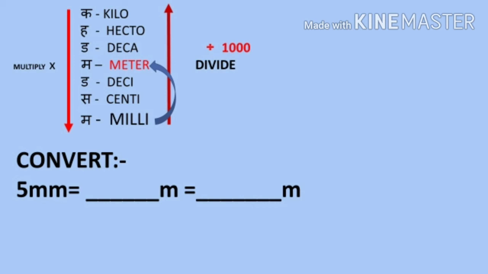Let us take another example. Here you have to convert millimeter, which is a smaller unit, into meter, which is a bigger unit. For this conversion, you have to go from millimeter to meter. Means 3 steps up. Means you have to divide it by 1000 with 3 zeros. So the answer will be 5 millimeter is equal to 5 by 1000 meter, or you can say 0.005 meter.